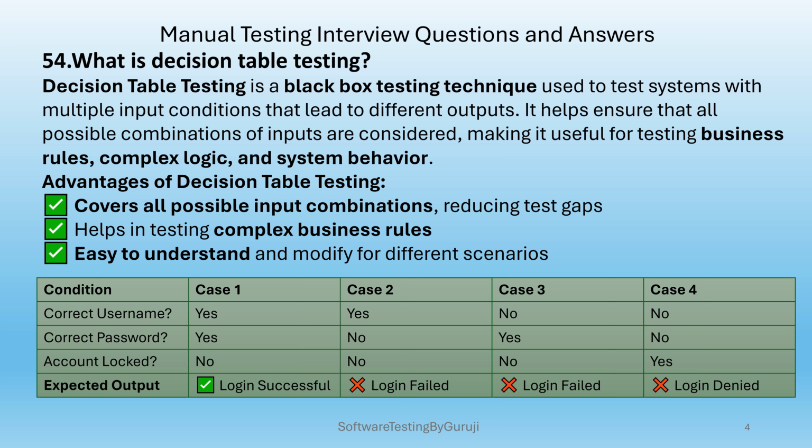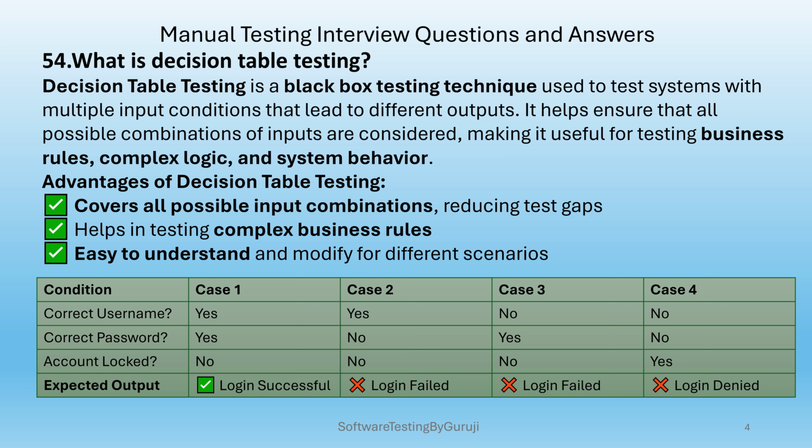Advantages of decision table testing: first, it covers all possible input combinations, reducing test gaps. Second, it helps in testing complex business rules. Third, it is easy to understand and modify for different scenarios.